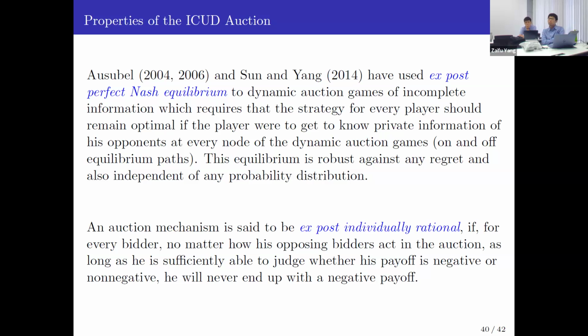Off the equilibrium path, they cannot converge to the competitive equilibrium. So for dynamic auctions, ex post perfect equilibrium is the highest standard you can currently achieve. It is still very difficult to get sincere bidding as a dominant strategy for all bidders.